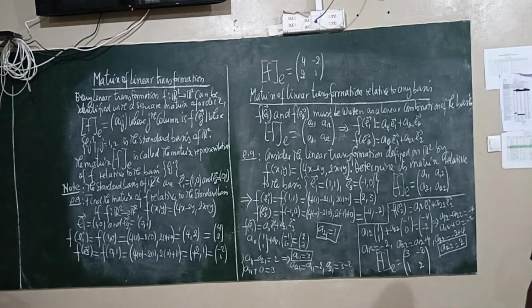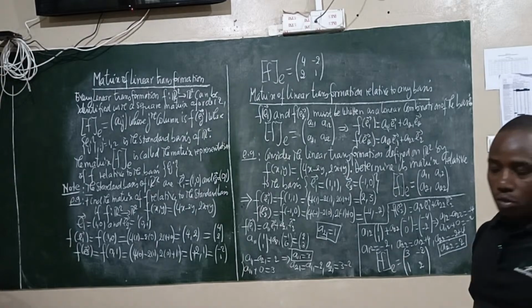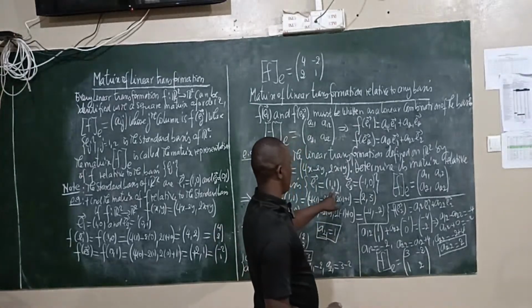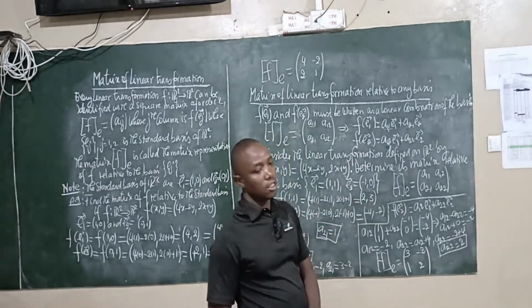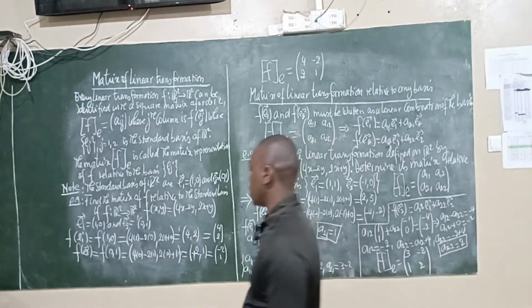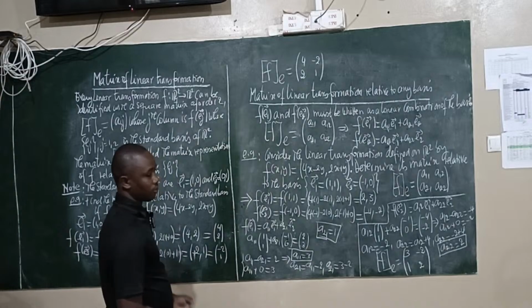This is the matrix representation of F relative to the basis, guys. And the basis, as you see, the bases are not standard. If they are standard, we could have done that in this way.